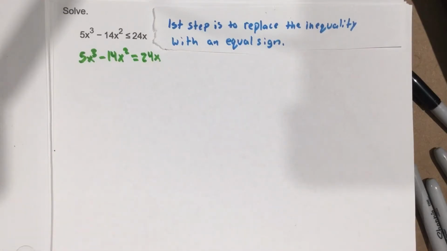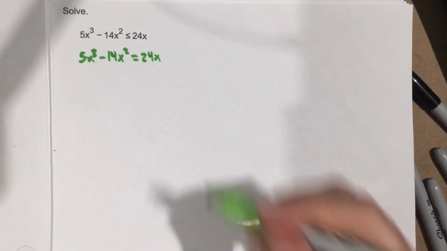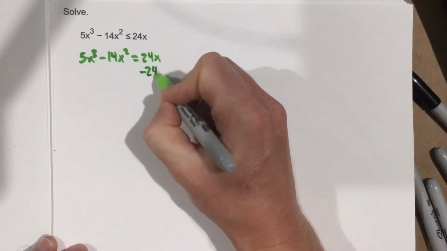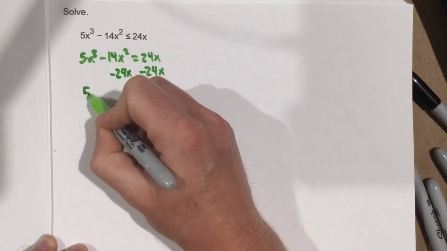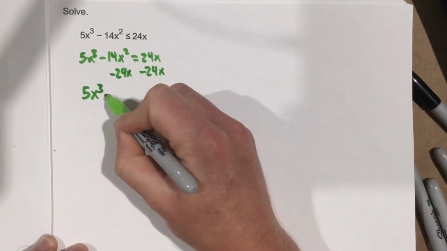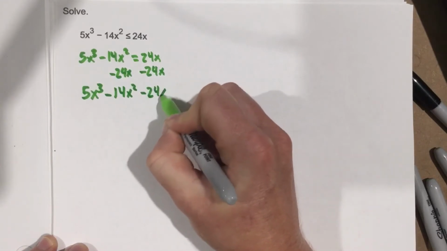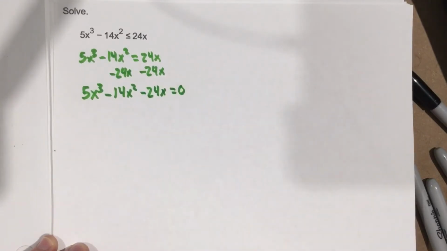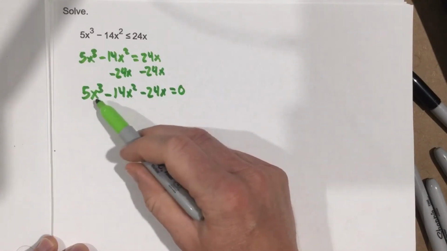All right, now let's solve this equation for the roots, which means set this equation equal to 0. So I'm going to subtract 24x over. I get 5x cubed minus 14x squared minus 24x equals 0. Now I'm going to do some factoring here, so I think I can factor out an x from each term.